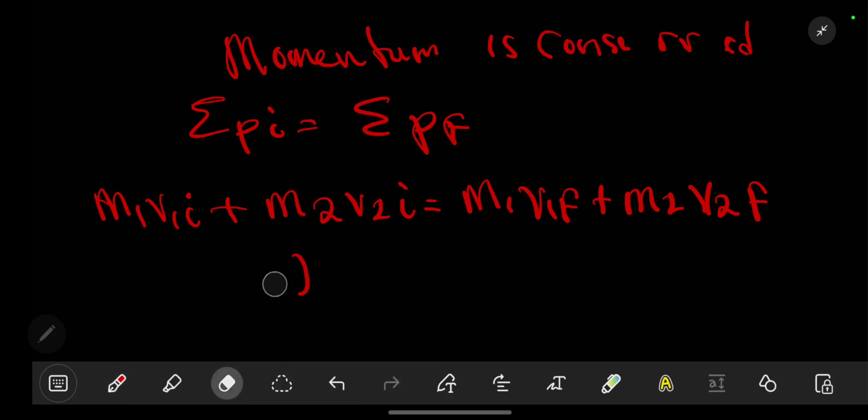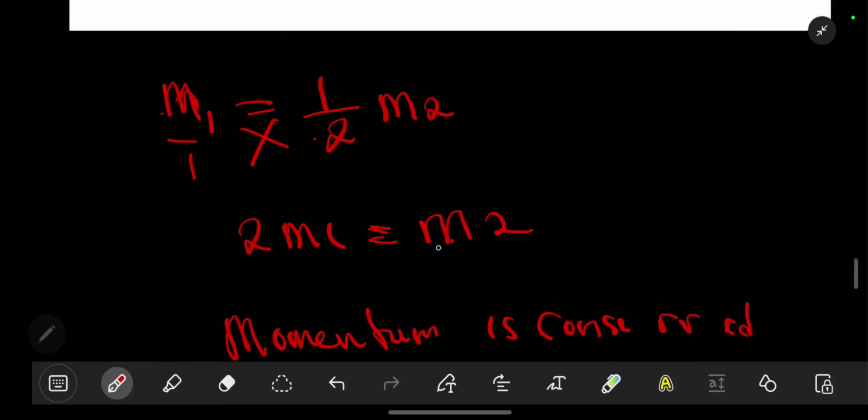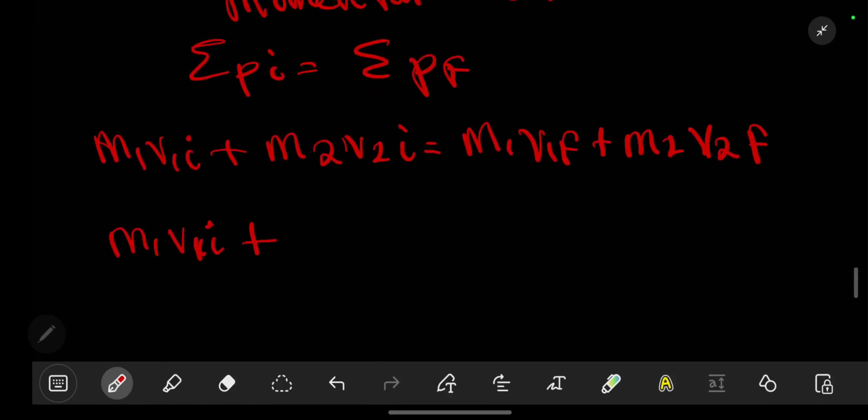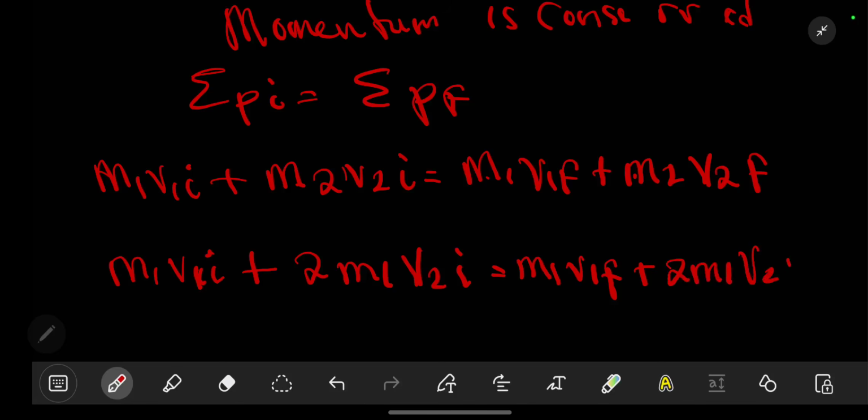Before that, let's replace m1 and m2. So we have m1 V1 initial plus m2, and after making m2 the subject of the formula, where you see m2, put 2m1, so that we have like terms. 2m1 V2 initial should be equal to m1 V1 final plus, where there is m2, you put 2m1 V2 final.